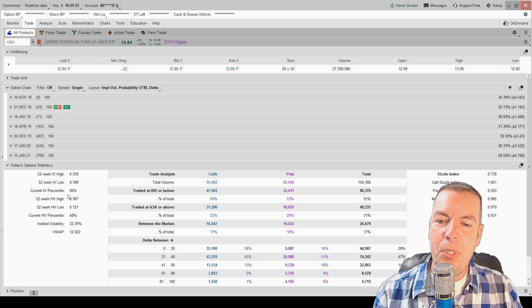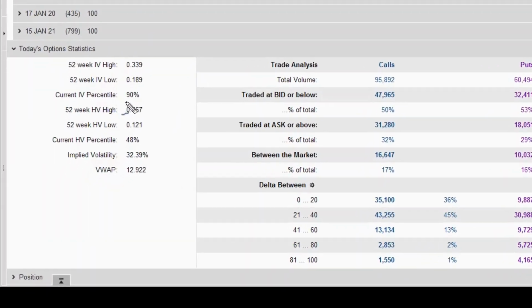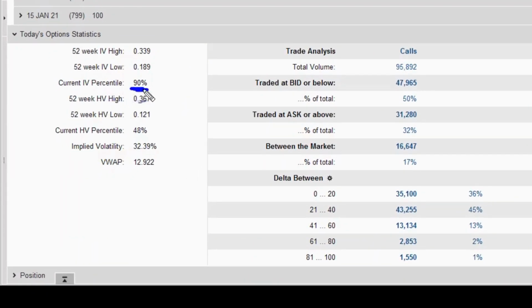So there's a thing here called current IV percentile. That's this number right here, 90%. What this number is, it's a ranking. If we're looking at USO, a 52-week implied volatility high and an implied volatility low, that's these numbers right here, 33.9% or 18.9%.